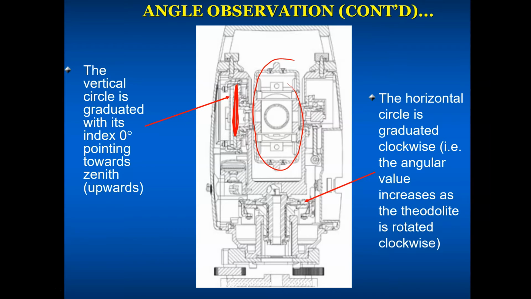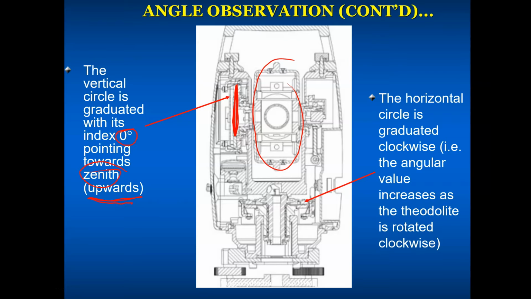So whenever you tilt the telescope, the number changes, and that gives the values on the display. The zero value for that protractor is upwards, towards the sky. We call it the zenith. Whatever is above your head going up, we call it zenith. So 0 is there.